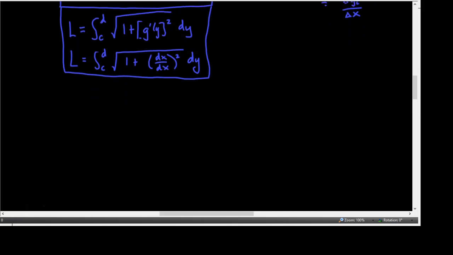All right, example 2. Find the length of the curve y equals x to the 5th over 6 plus 1 over 10x cubed from x equals 1 to x equals 2.